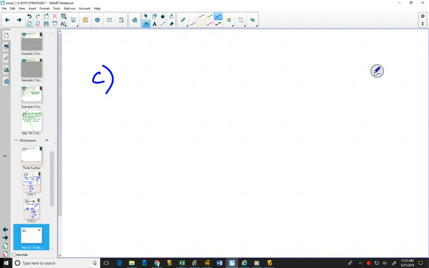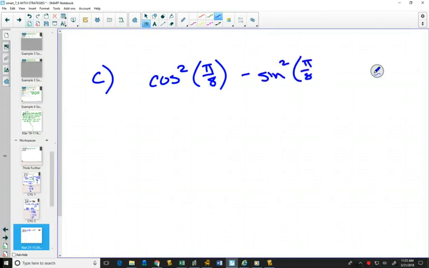Let's do pi over 8. Definitely not on our pi plate. Cos squared pi over 8 minus sine squared pi over 8. So this one you couldn't plug in directly. But because it is the right-hand side of a cos 2 alpha formula, you can change this to cos 2 times pi over 8.